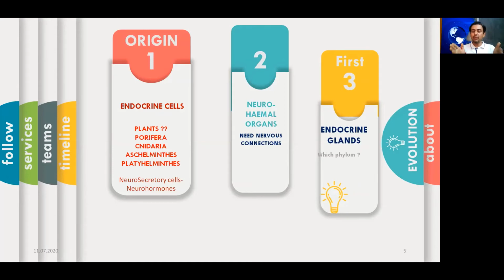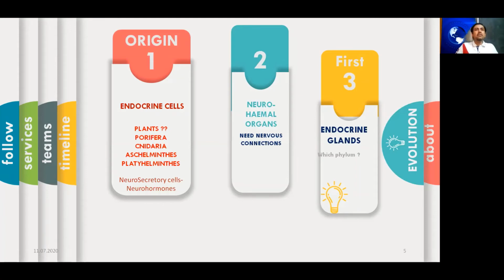Since the neurosecretory cells are secreting hormones, they are called neurohormones. So hormones are being secreted, but not by glands, by cells, and the cells which are secreting are mostly neurons. That's why the cells are called neurosecretory cells, and the hormones are called neurohormones. So aschelminths and platyhelminths do not show presence of any gland.